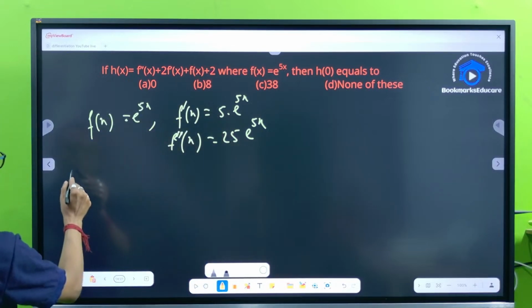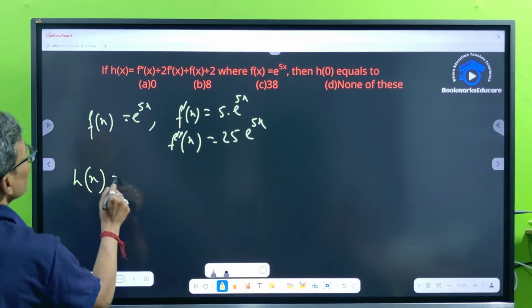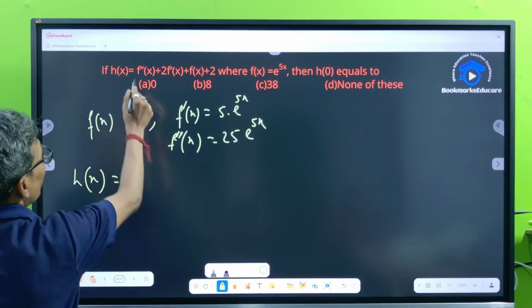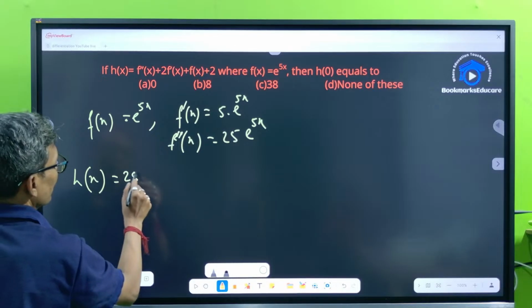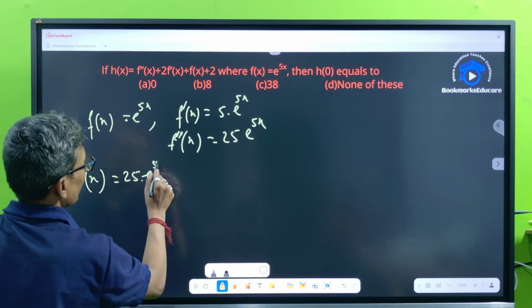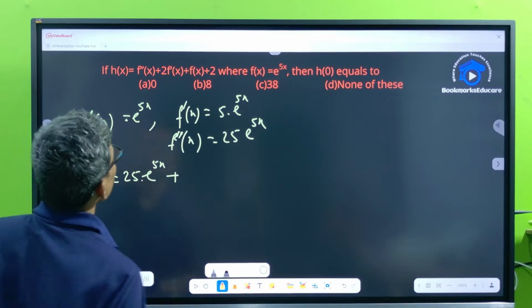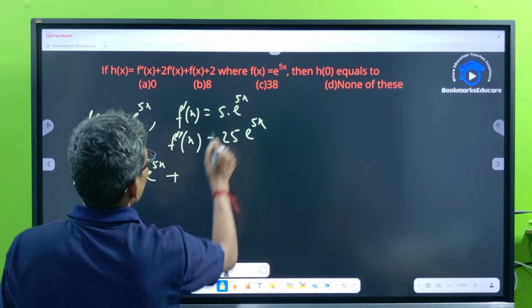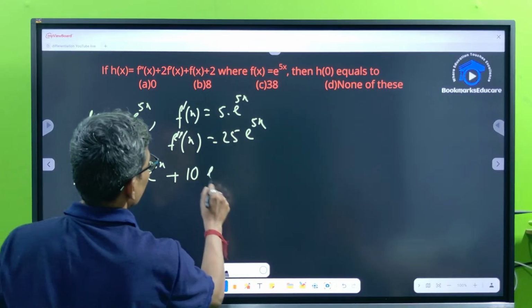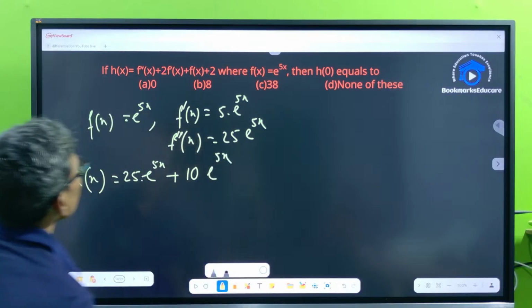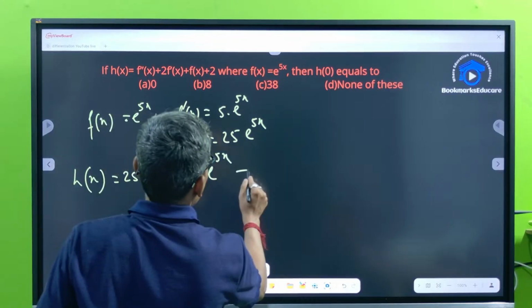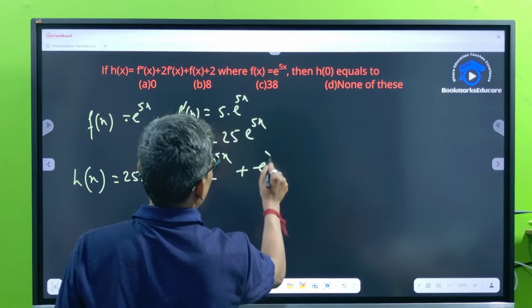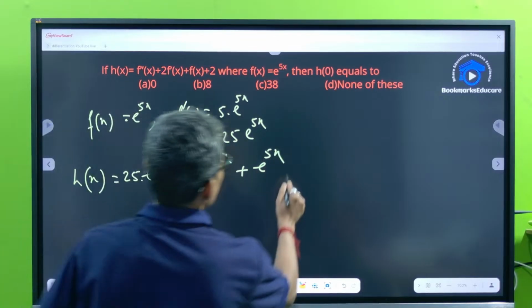So now h of x is equal to f double dash x means 25 e to the power 5x plus 2 into मतलब 10 e to the power 5x plus f of x मतलब e to the power 5x plus 2.